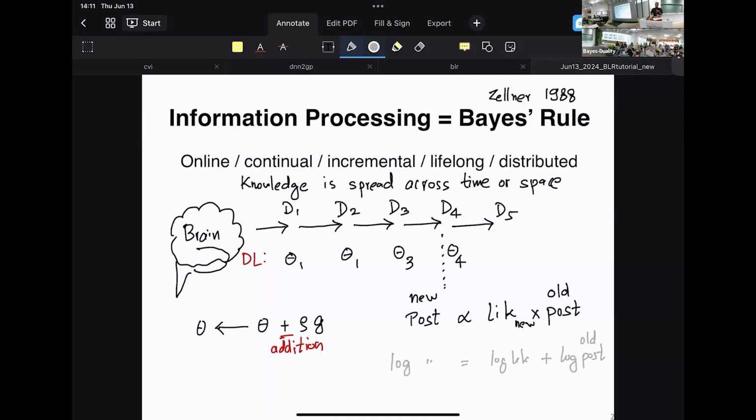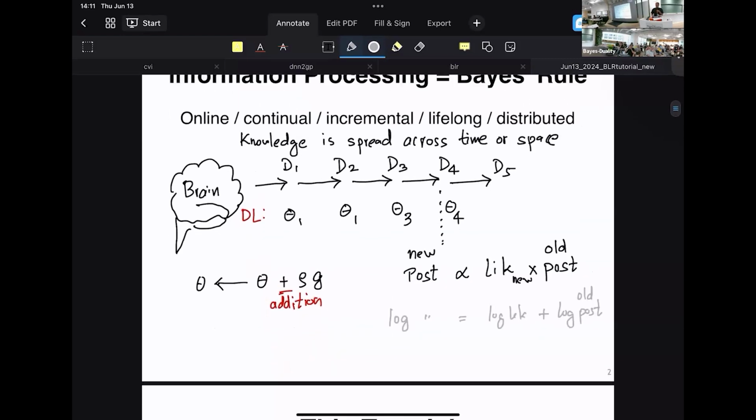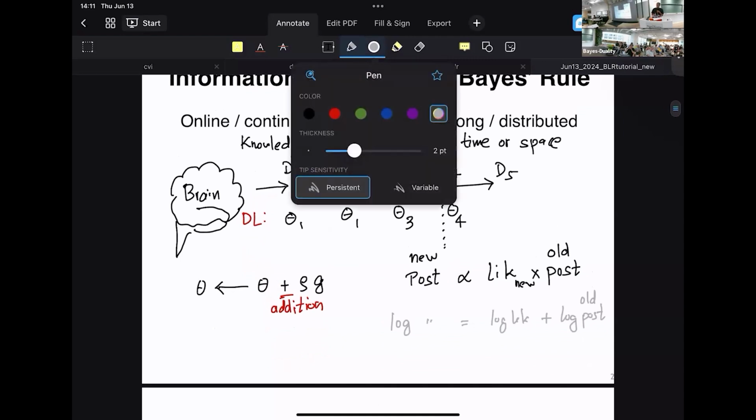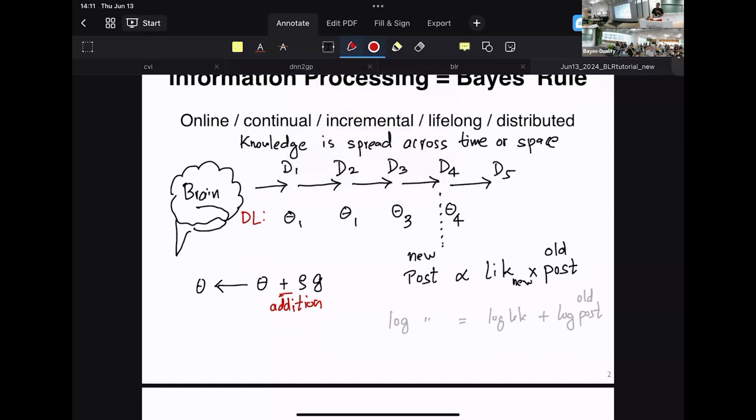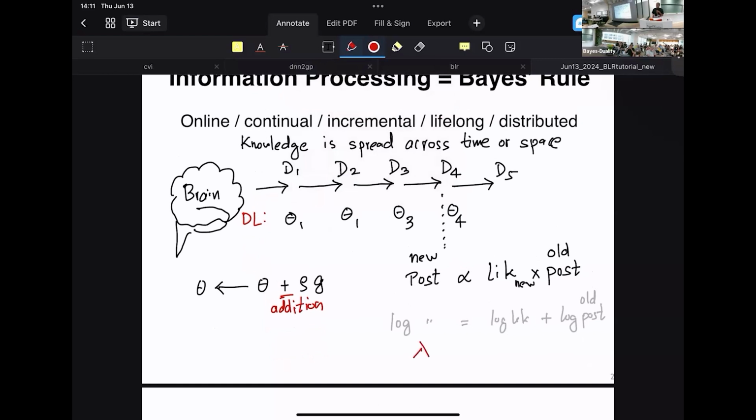So in general, maybe I'll give you what we will learn in the end: this addition, so I will introduce something like lambda new, and then I'll represent this by lambda old, and this will be a natural parameter space. Then you will see that this is the new information that's added to it. It's actually natural gradients.